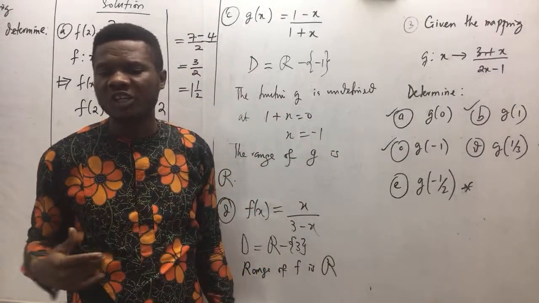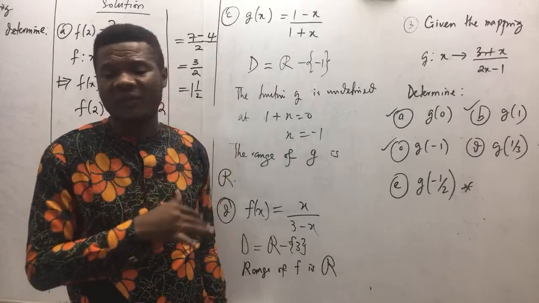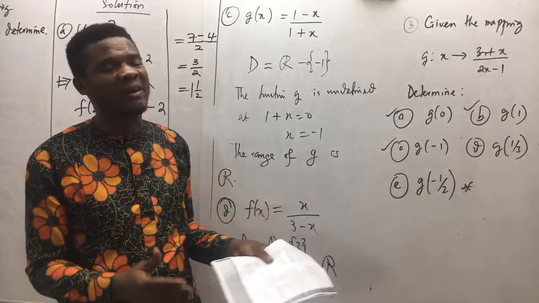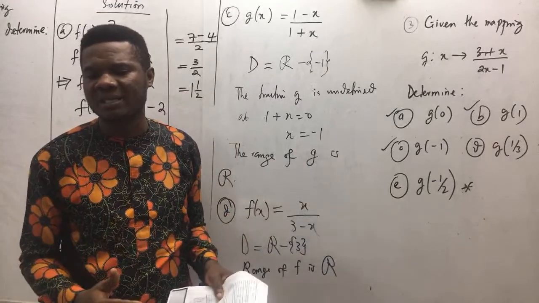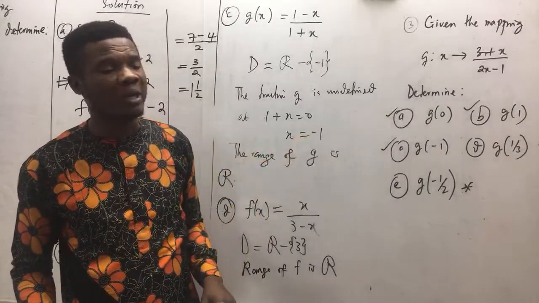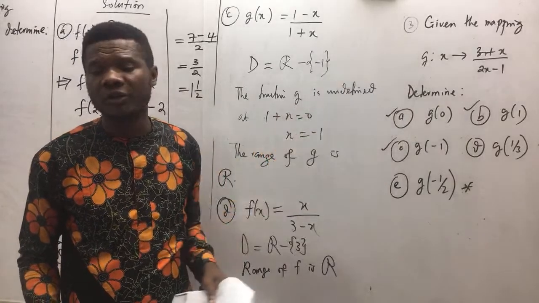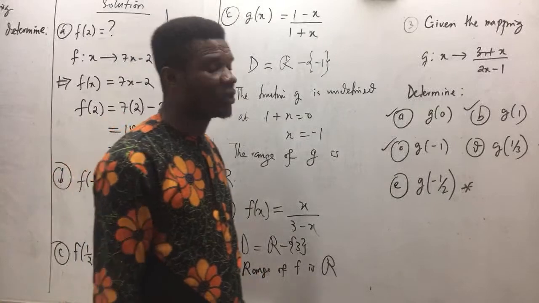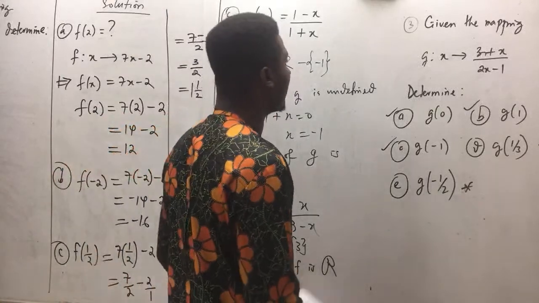So where it is undefined, the domain does not exist at that point. So every other value of x in the real number system will make for the domain, excluding 1 over 2. So Prosper, a big round of applause to you. You've done very well. Thank you very much.